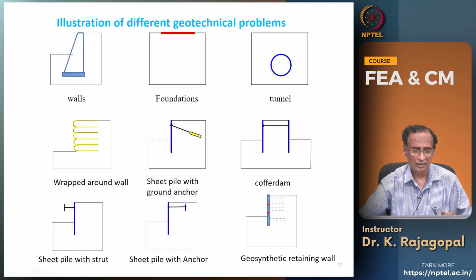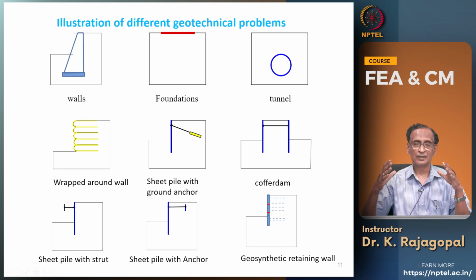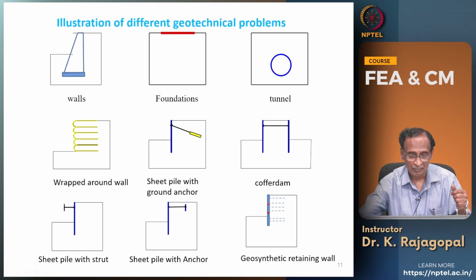The strut is actually when our member is in compression, we call it a strut, and when it is in tension, we call it a tie. Or, okay, we may have a sheet pile wall with an anchor, wherein our sheet pile wall is there, and we have a tie rod.